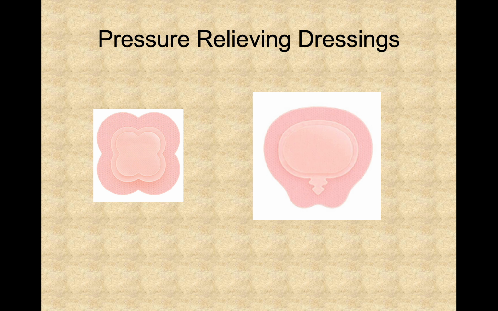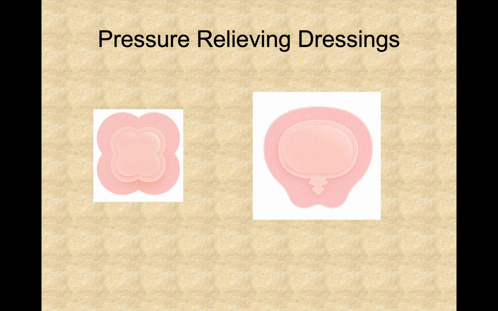It is important to remember that when we have a dressing in place, we are no longer able to visualize the skin underneath unless we remove that dressing for assessment. As nurses, it is your responsibility to do full assessments on your patients when you're caring for them. Part of that is removing those dressings as appropriate so that you can assess the skin underneath.